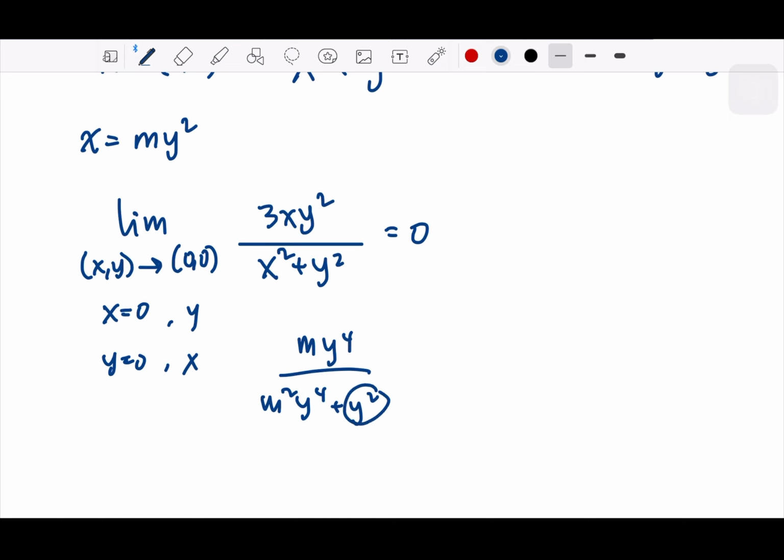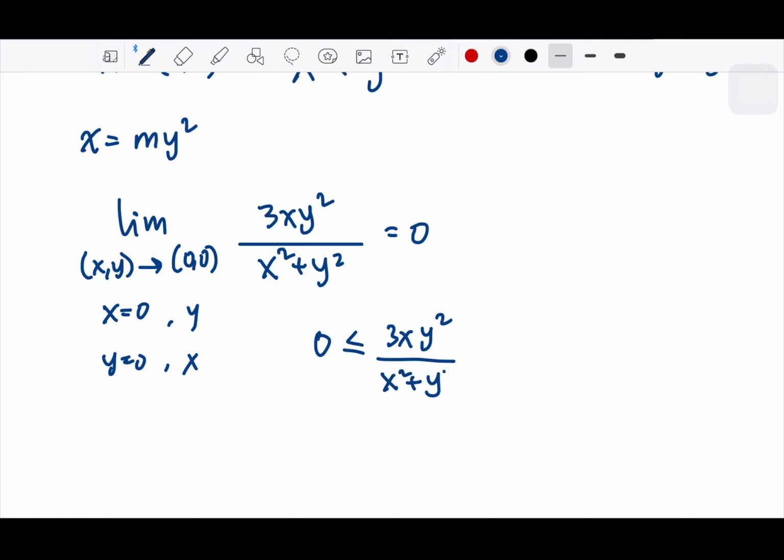So perhaps we can compare this structure with another structure that is easy to follow. I think this is true, right? This is true.